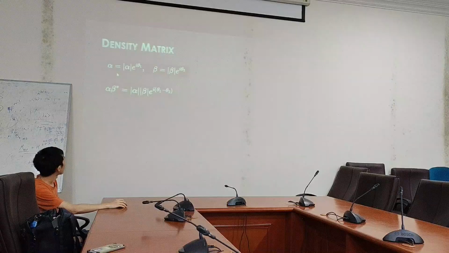Inside the alpha, we have the magnitude and its phase. In beta also, and if beta is conjugate, then we minus its phase, because conjugate means its phase becomes negative.